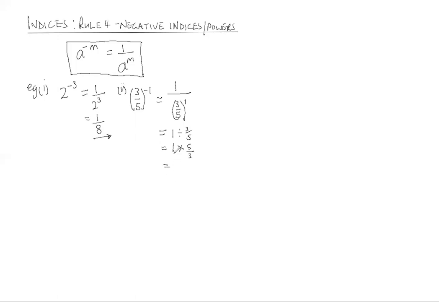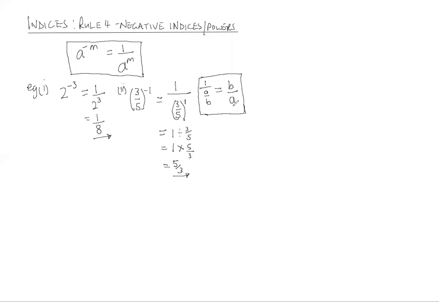So this becomes, obviously 1 times anything is that thing. So that becomes 5 over 3. So this is the longer way of doing it. But I'll give you a simple rule here. If we have got, for example, 1 over a over b, this is just the same as saying b over a.